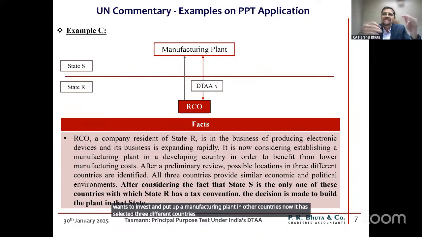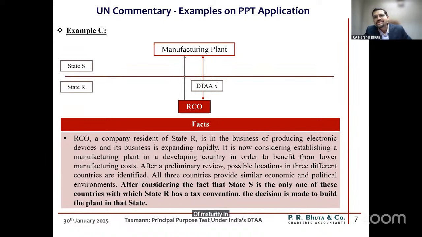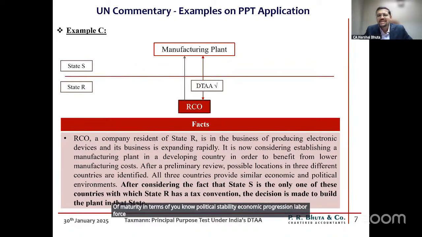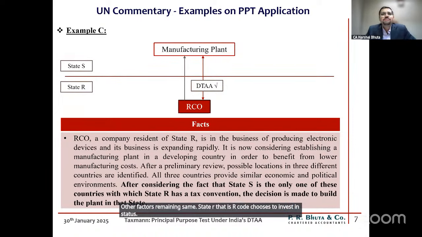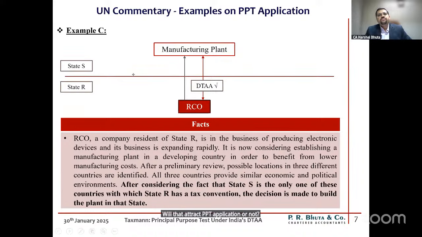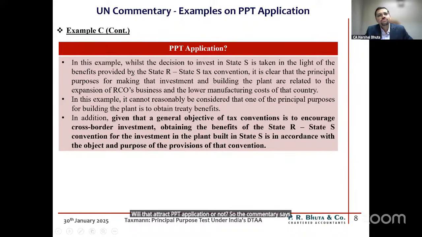All 3 countries have a similar level of maturity in terms of political stability, economic progression, labor force presence, etc. But one of them has a treaty with state R, which is state S. Other factors remaining the same, ARCO chooses to invest in state S. Will that attract PPT application or not? So the commentary says no.